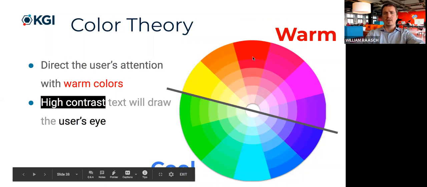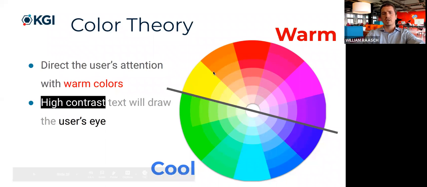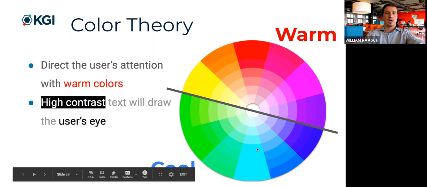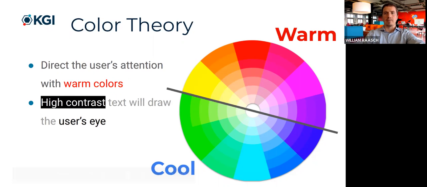So there's this whole theory of what's a warm color versus a cool color. Your warm colors are your yellows, reds, purples, and your cool colors are your greens and blues. It's also related to, on a rainbow, what's the low frequency, which is red, infrared, versus the high frequency, which is blue.